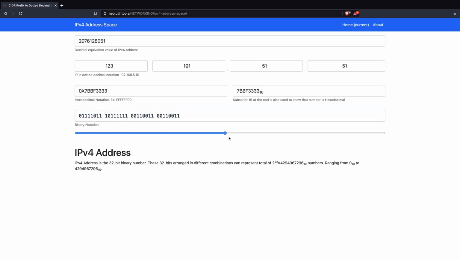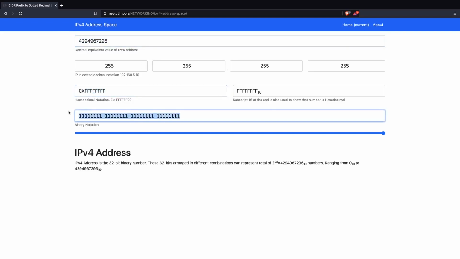What is the last IP here? The last IP is 255.255.255.255. In hexadecimal, what is the last IP? FFFFFFFF. See, all are ones. As I change here, which octet is getting changed?